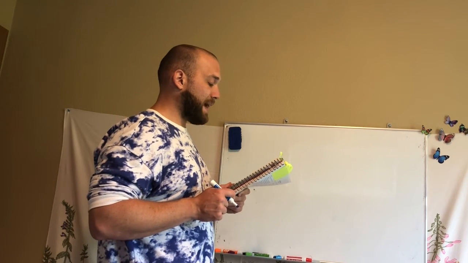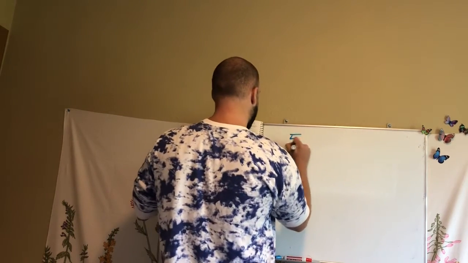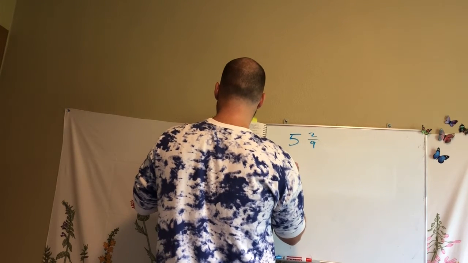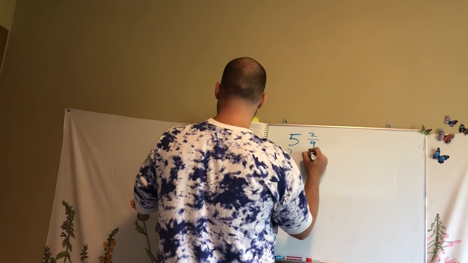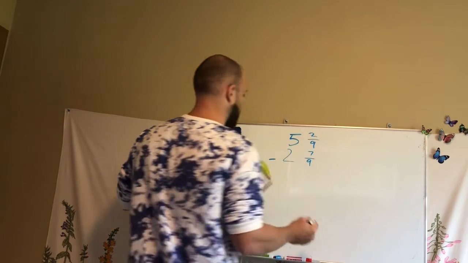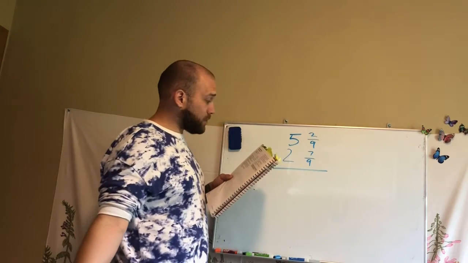So, problem A says 5 and 2/9 minus 2 and 7/9. The denominators are the same, so you can work them.